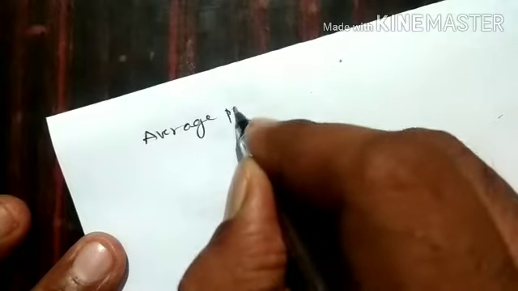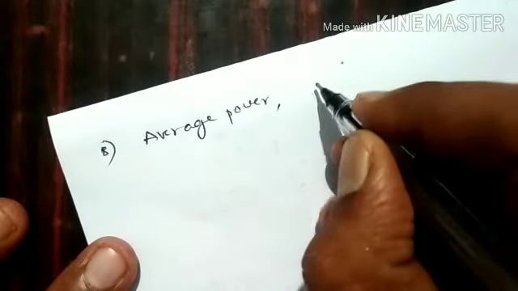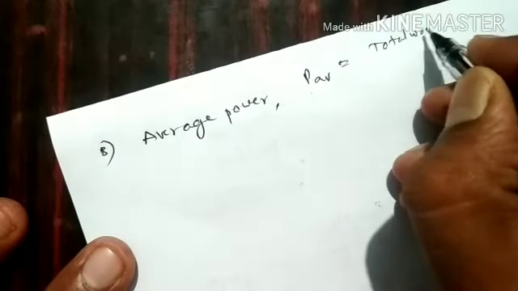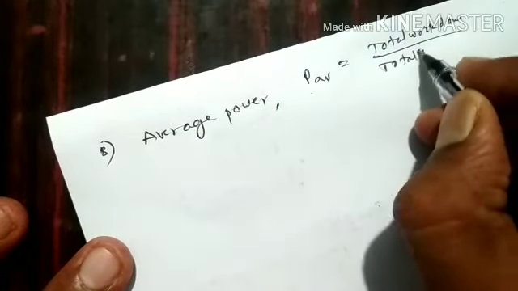And next and foremost one is the work time graph. Whenever you get work done, you can calculate one more relation, that is average power. So using the PT graph you have to calculate average power. So this is the second application, average power. Average power P average is equal to total work done by total time.